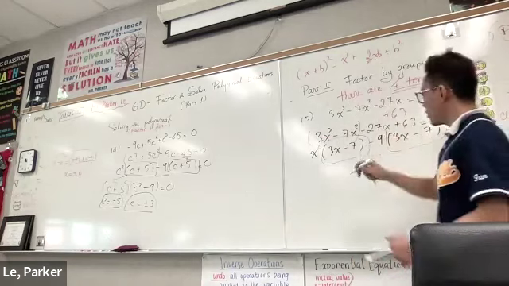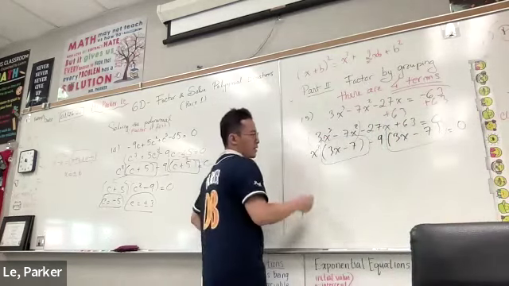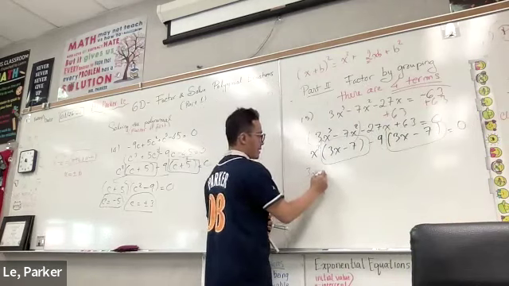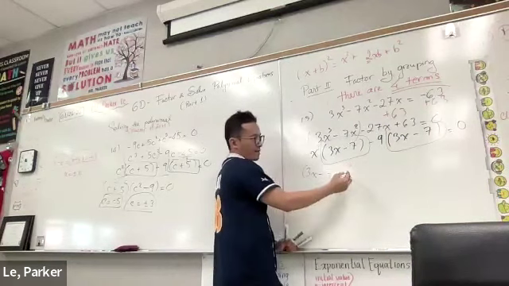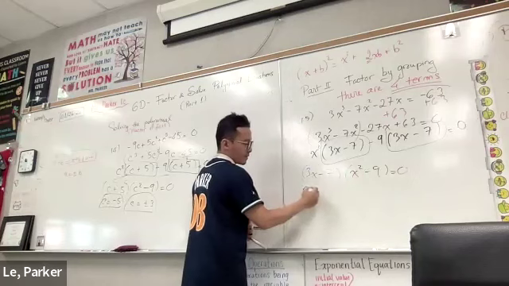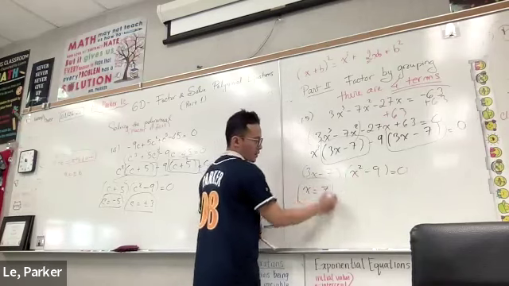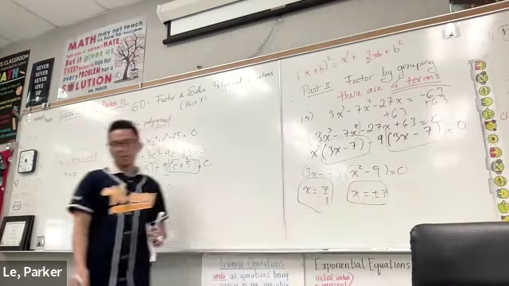If you didn't get the same common factor, that's a problem. x squared. Very good. What is the answer? x is 7 over 3, and x plus minus 3.